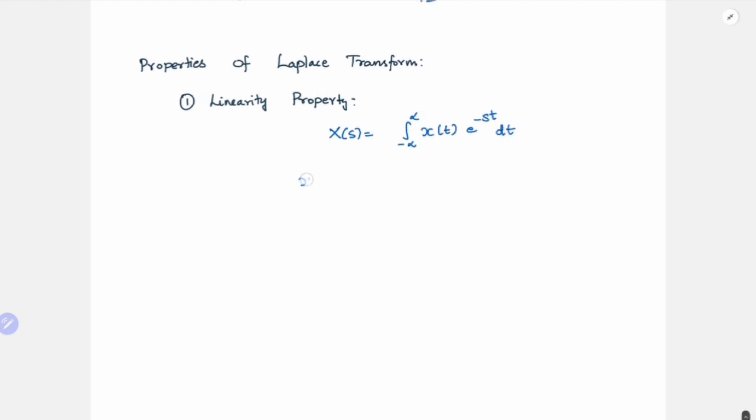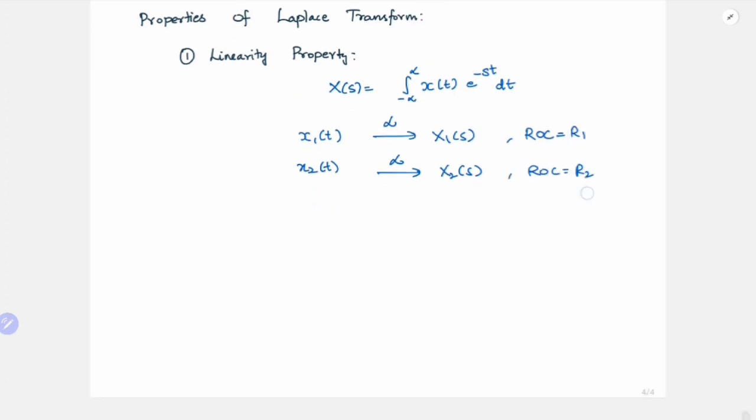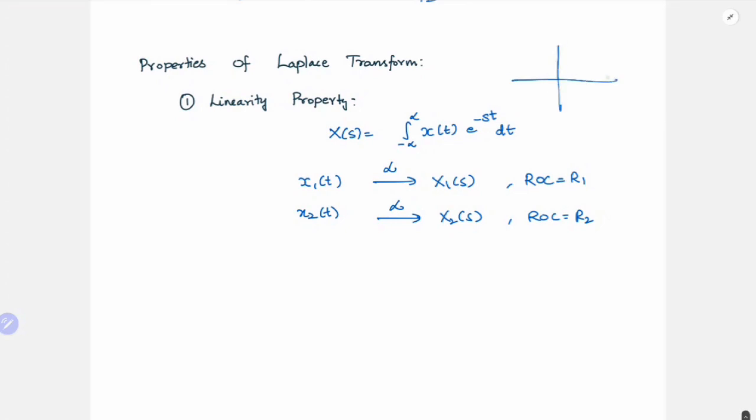Right? So if my x1 of t has Laplace transform X1 of s and x2 of t has Laplace transform X2 of s, we need to mention the region of convergence. So ROC equal to R1, and ROC equal to R2. R1 is some region, I'll say. If there are some poles and this is the region, I'll call it R1.